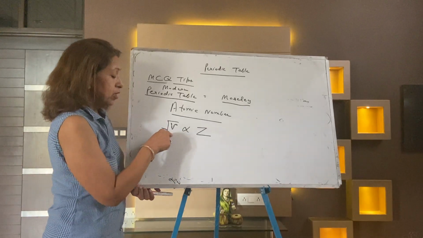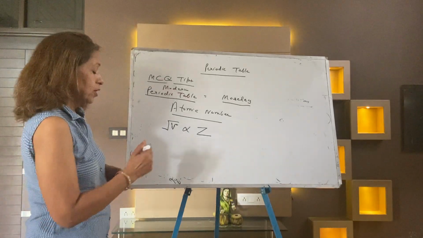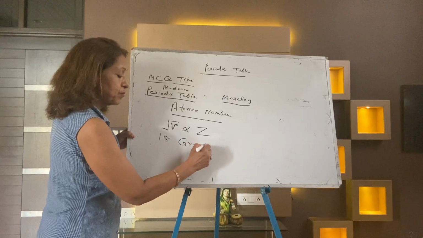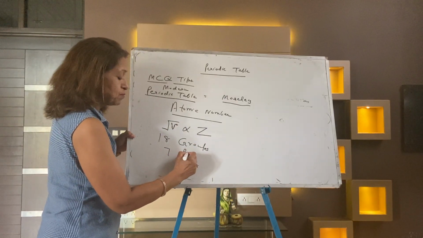Now dear children, in this modern periodic table, you all know there are 18 vertical columns, that is 18 groups. There are 7 horizontal rows, that is periods.